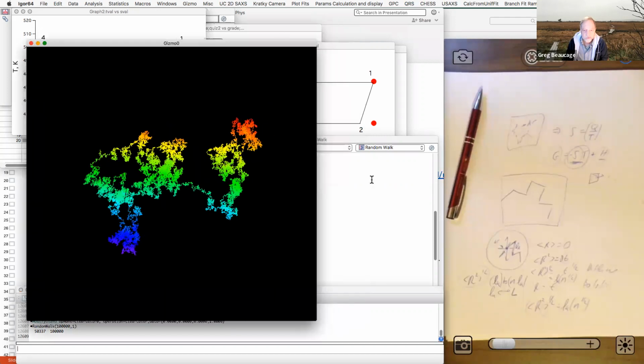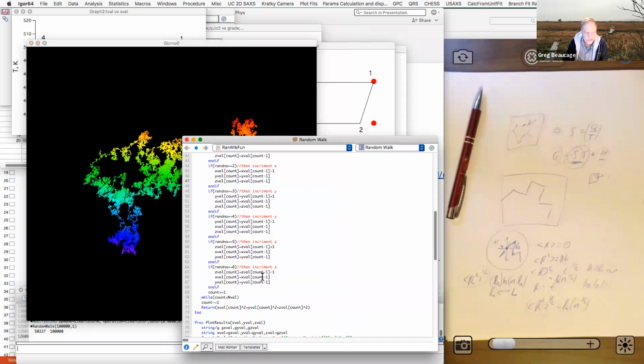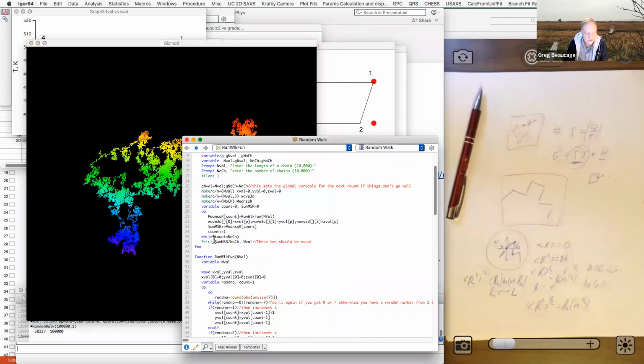It's printing out for the endpoint: what is the sum of the squares divided by the number of chain steps? So this gives you the average R squared for the chain system.